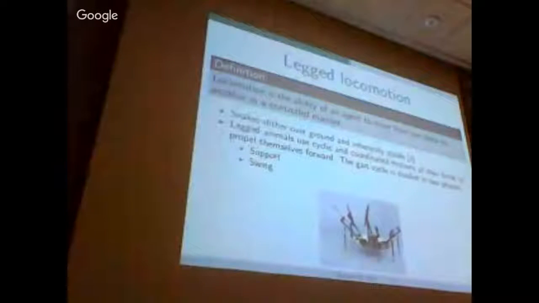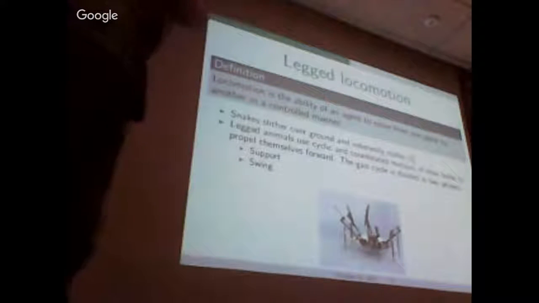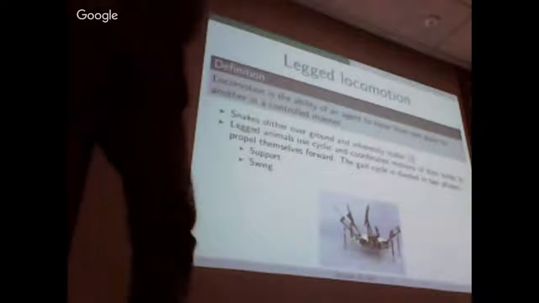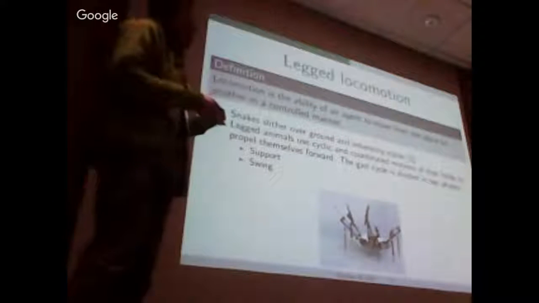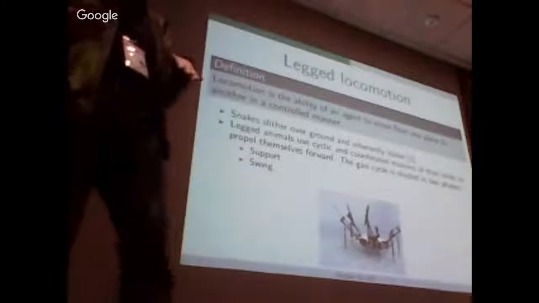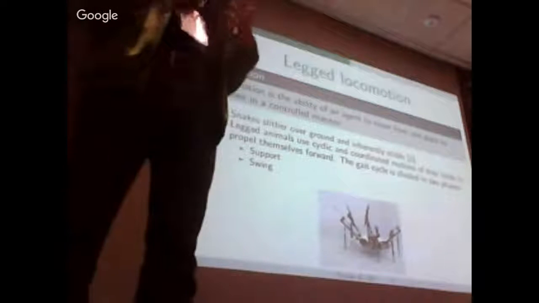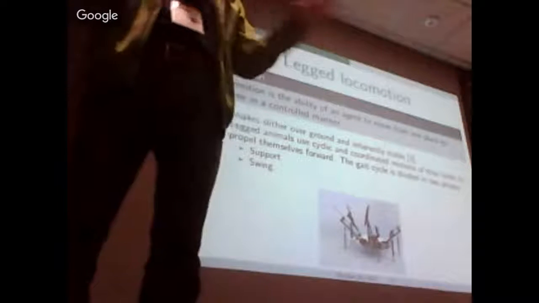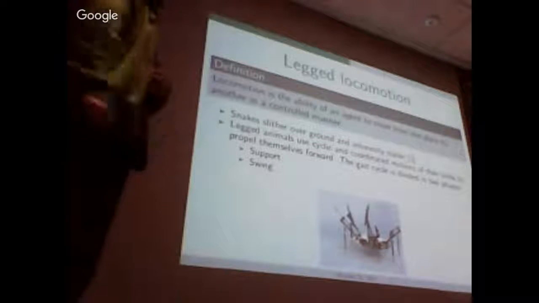Locomotion is the ability of an agent to move from one place to another in a controlled manner. This has to do also with stability. For example, snakes are linear over land, so they are very stable. The most part of their bodies are touching the ground, so they don't care about falling.